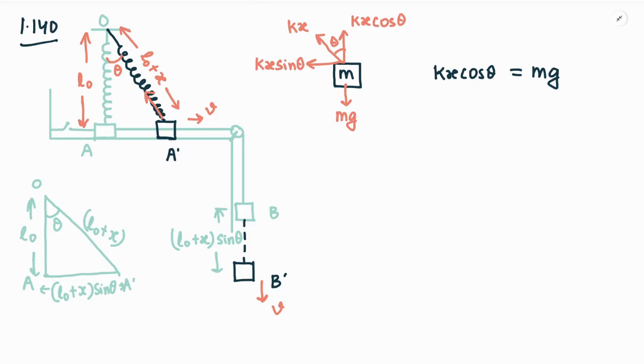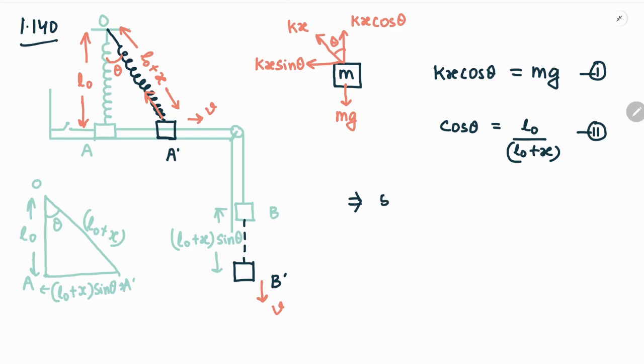So if we write the value of cos theta from this triangle, then cos theta equals base L0 by hypotenuse L0 plus x. Using these two equations, that is equation 1 and equation 2, we substitute the value of cos theta and solve, putting the value of k.